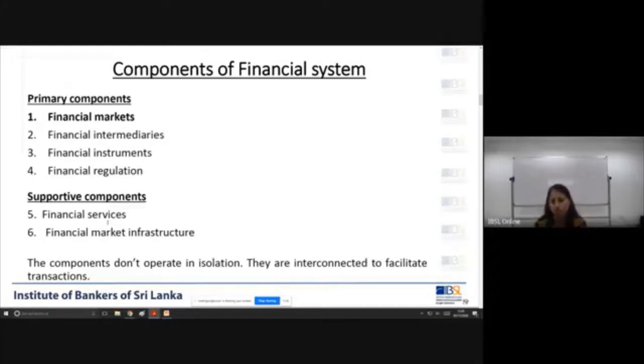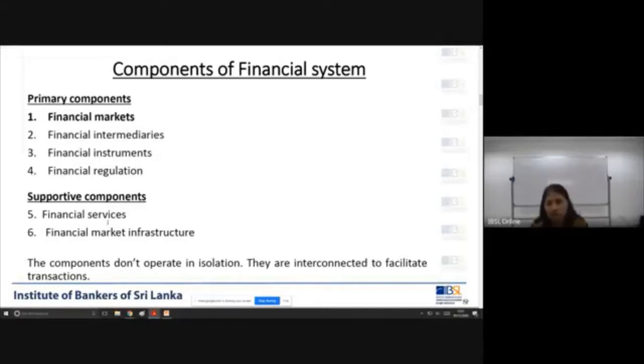One is financial services, which I will explain when we talk about that component. And then you have the financial market infrastructure: the online banking platforms, the RTGS, the slips. These are the platforms that enable the transfer of funds, or the fund flow. So these two are there to support the channeling of funds.